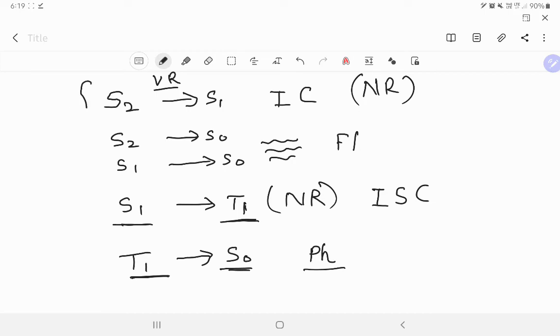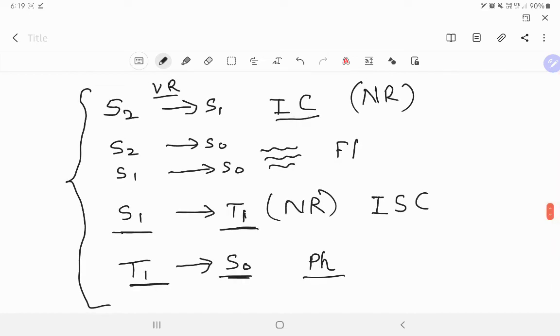These types of transitions take place. There are other transitions also: delayed fluorescence, E-type delayed fluorescence, P-type delayed fluorescence. But as a primary, we must know what internal conversion, fluorescence, inter-system crossing, and phosphorescence are.